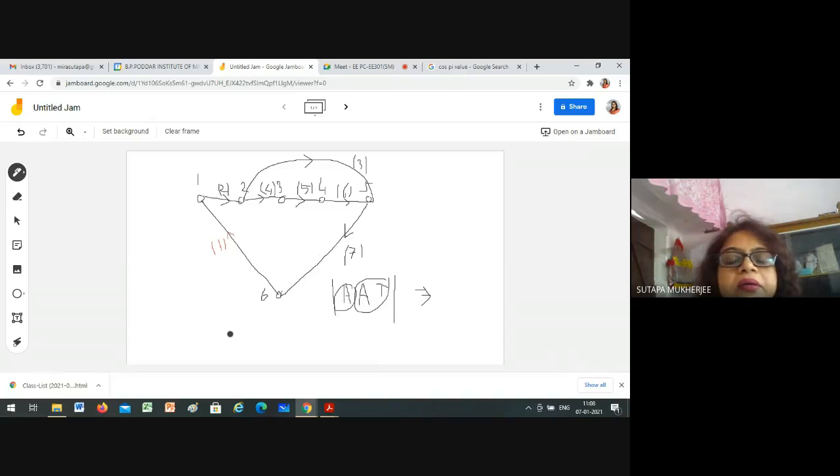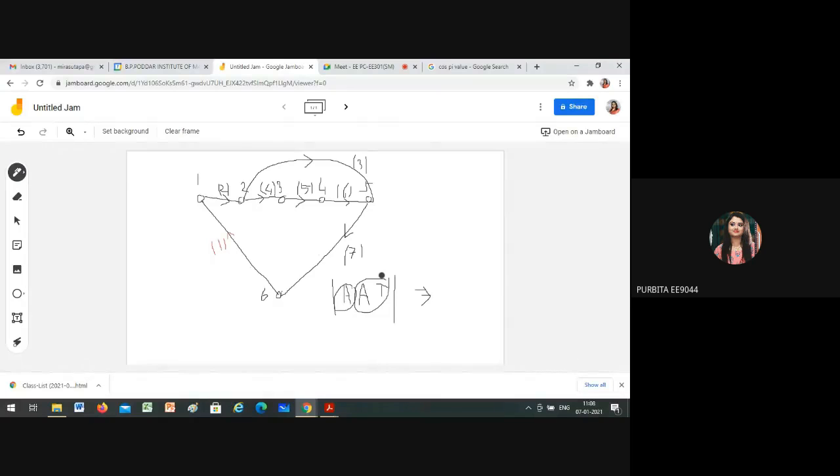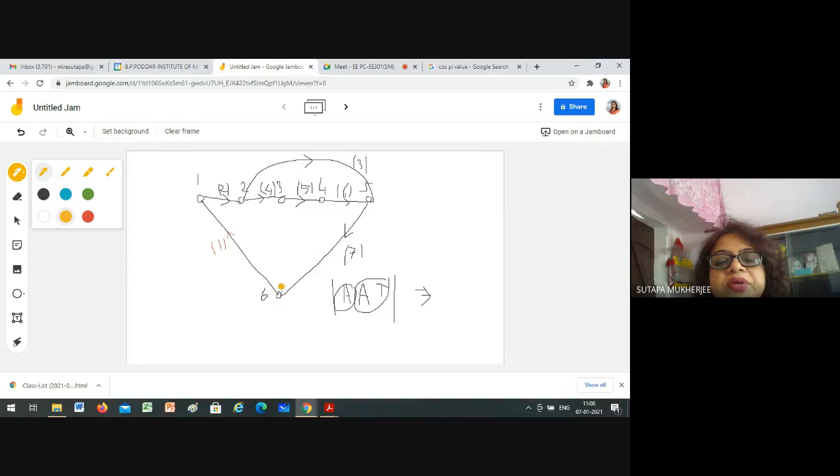Then what is a tree? What is the definition of a tree of a particular graph? A tree is a connected subgraph of a connected graph that contains all the nodes, but it doesn't contain any kind of closed loop. If we consider a particular tree here, is this a tree?